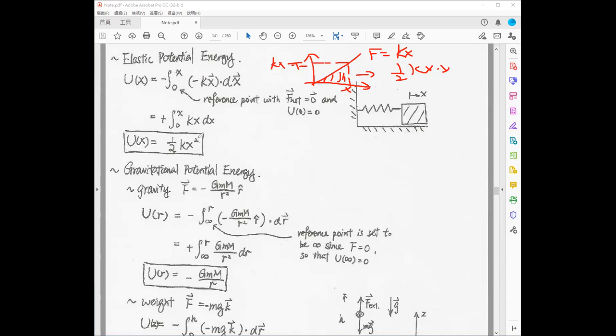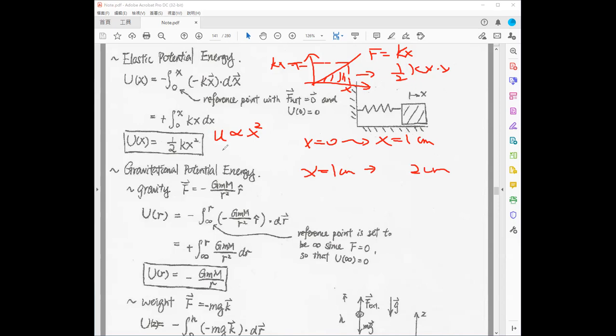Now you can also see that the potential energy is proportional to x squared. So what does it mean? It means that if you extend a spring or a rubber band from x equals 0 to x equals 1 cm, and then extend from 1 cm to 2 cm, the energy required is not the same.